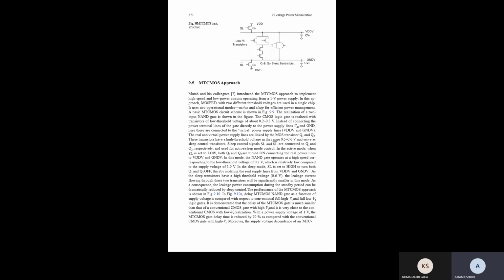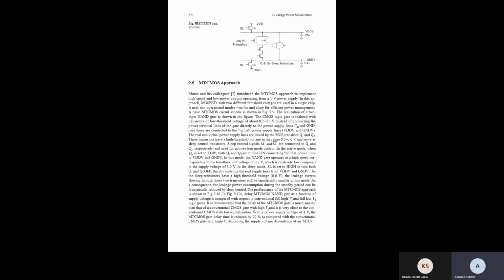So these transistors have a high threshold voltage in the range of 0.5 to 0.6 volts. Internally, the P-type and N-type transistors we connected have a threshold voltage of about 0.2 to 0.3 volts.